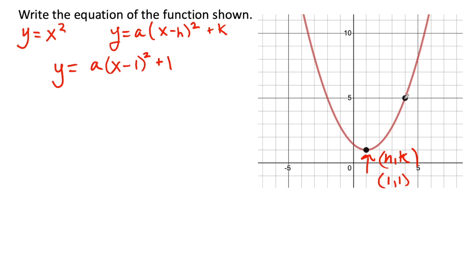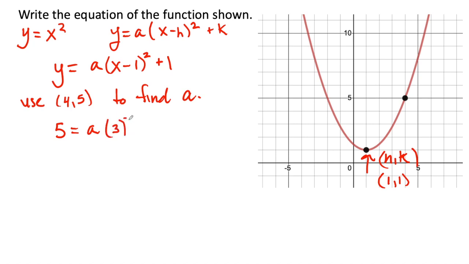I'm going to find another point on the graph. Well, they give me the point 4, 5, so I'm going to use that to find a. I plug in 5 for y. I'm going to do some mental math: 4 minus 1 is 3, squared, plus 1.